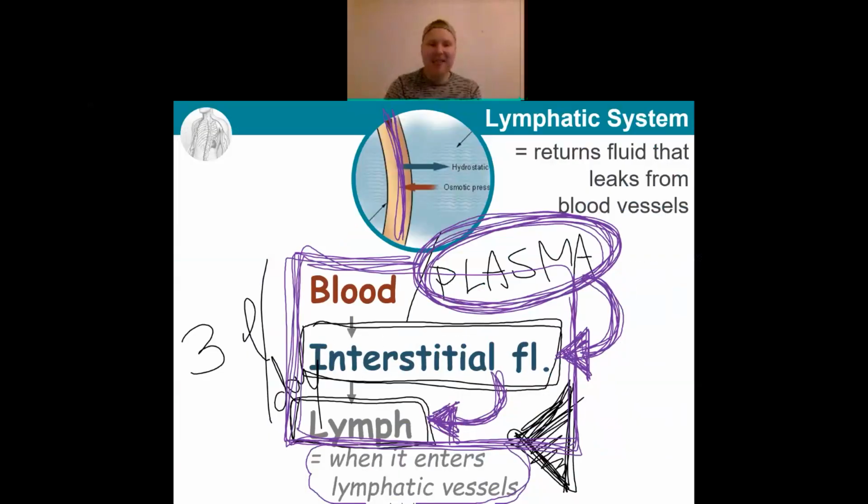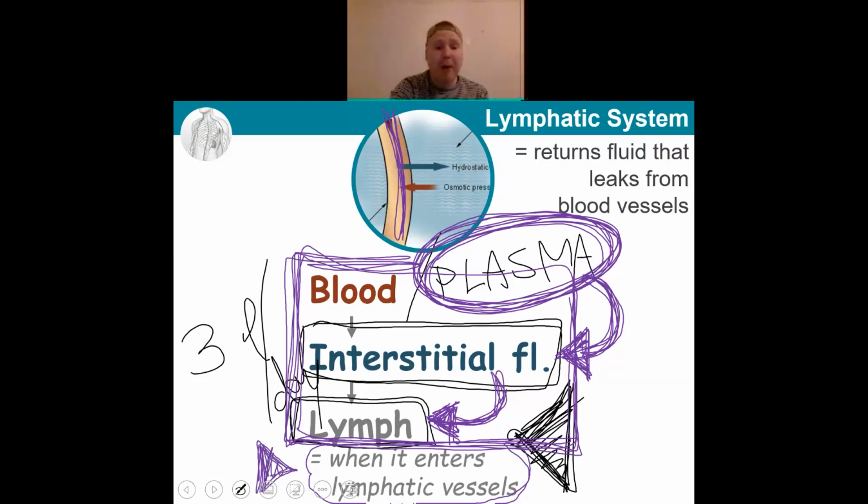When it enters the lymphatic vessels, we call it lymph. So until this material enters the lymphatic system, it's going to be interstitial fluid. But when the lymphatic system picks up this material, it becomes lymph.